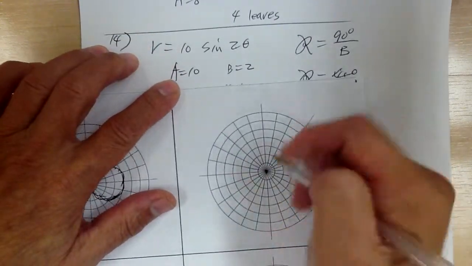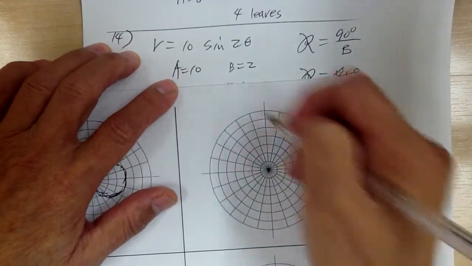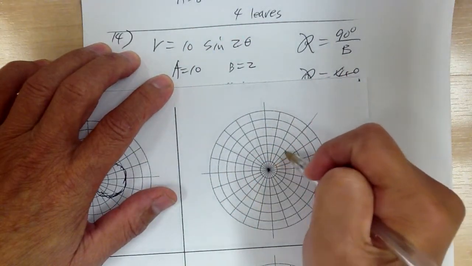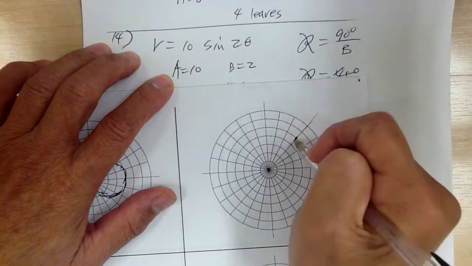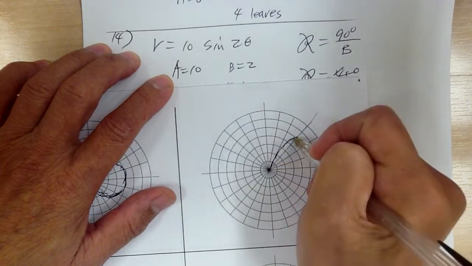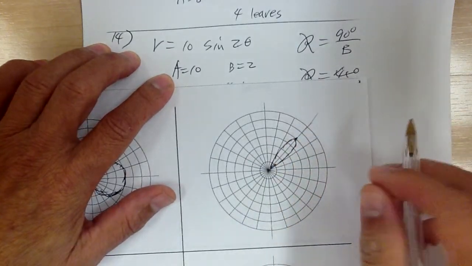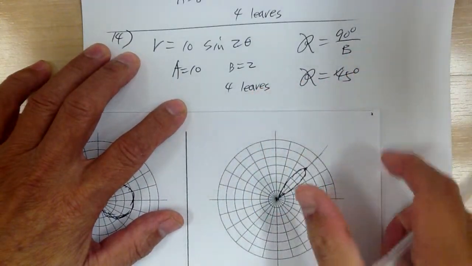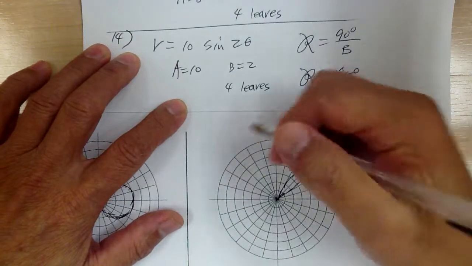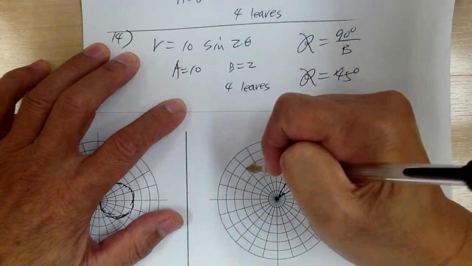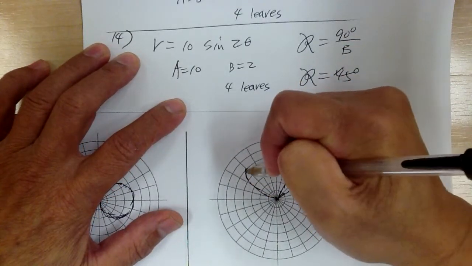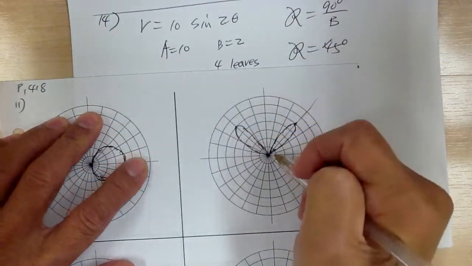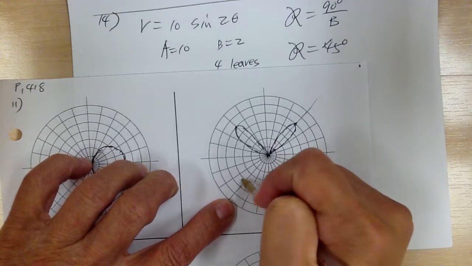Again, I'm going to make each one equal to 2. A is your length or amplitude, so it'll be 10: 2, 4, 6, 8, 10 right over here. Because there will be 4 petals, and they're going to spread out evenly, they're 90 degrees apart. So the next one would be right over here, and the next one right over here.